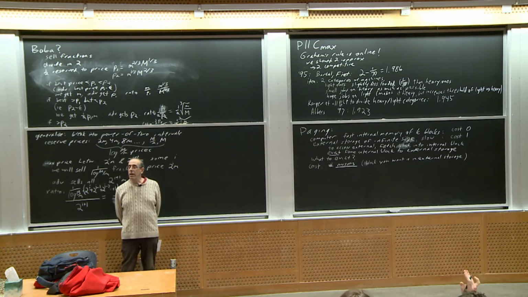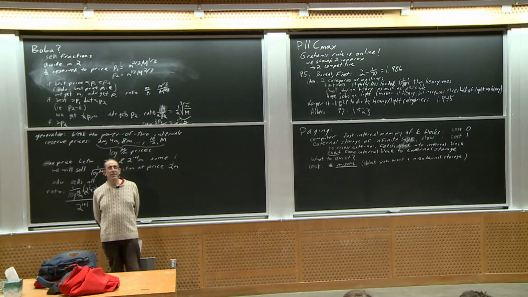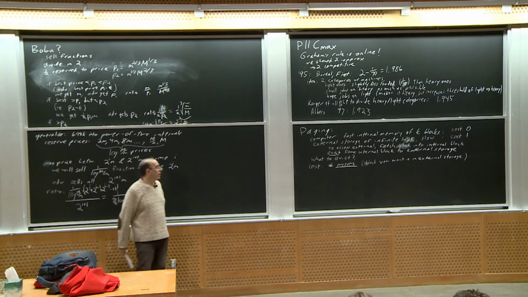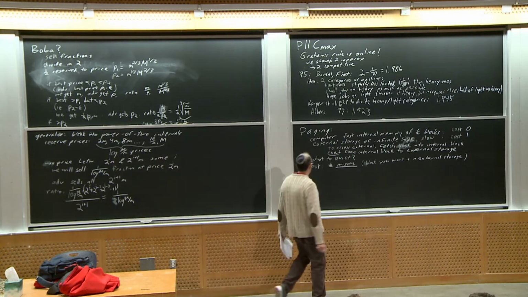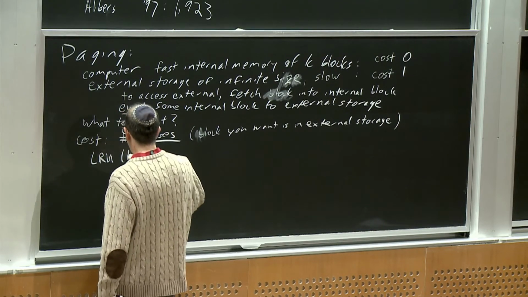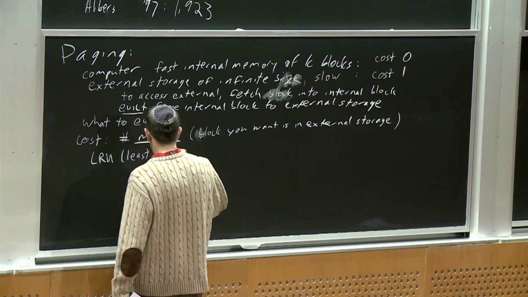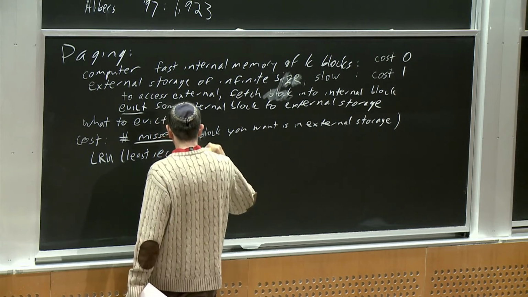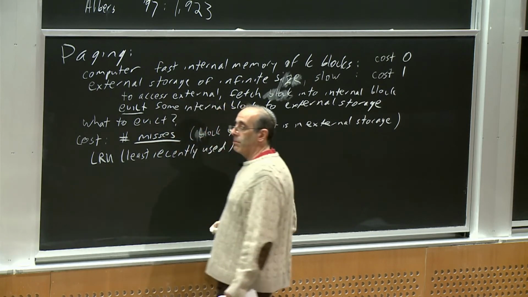I don't know. I mean, do you do virtual memory in 004? I don't remember. So you've probably seen some eviction strategies. What would be some options? Yeah? Good. So one that's very popular is known as LRU, least recently used. Which does what it says.